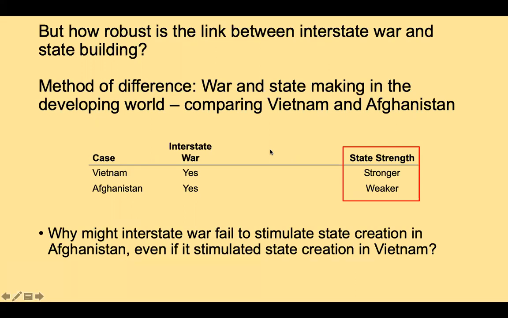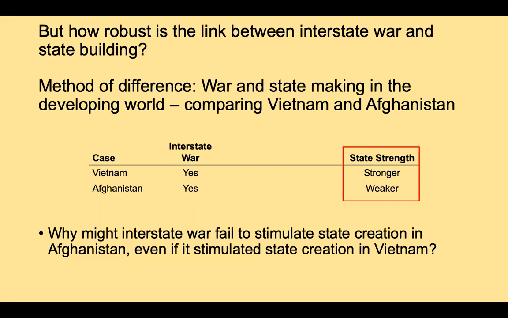Alexa says intervention by other states in their political affairs. So that's an interesting point, Alexis. I think it's fair to say quite easily that both these countries experienced outside intervention. And that intervention dovetailed with those interstate wars, obviously. But remember that we're using the method of difference.